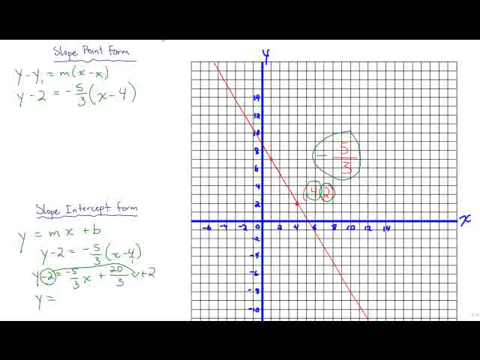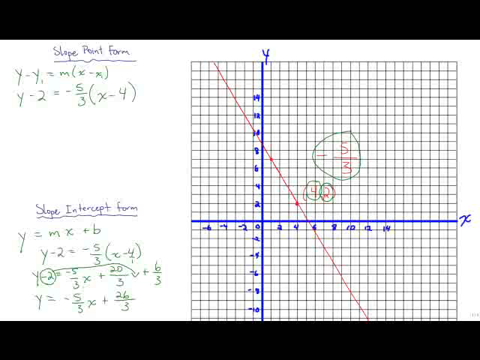To make things simpler, we're going to take our 2 and turn it into 6/3, just to make it easier to add the 20/3. So 6/3 is the exact same thing as 2, it's just written in a different way. So now we have y equals negative 5/3 x plus 26/3. And 26/3 cannot be broken down any simpler.